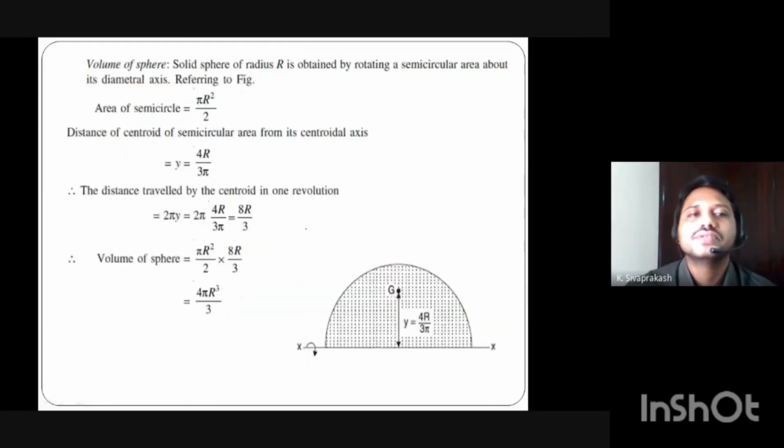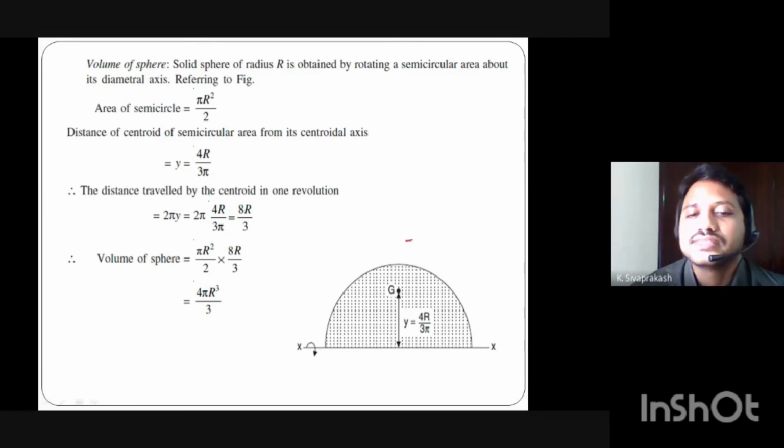And coming to the second theorem, I will give one more example. To get the volume of the sphere, how to do? You can find the volume of the sphere by revolving the semicircle area. So take a semicircle area here. The semicircular area, capital A, is the semicircle area.